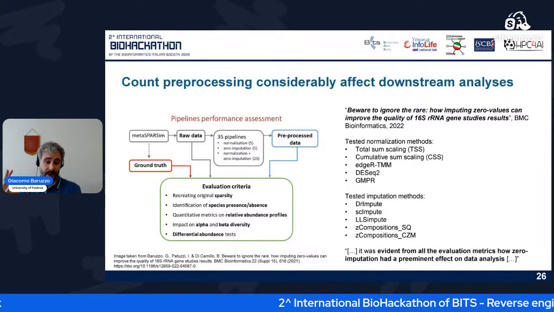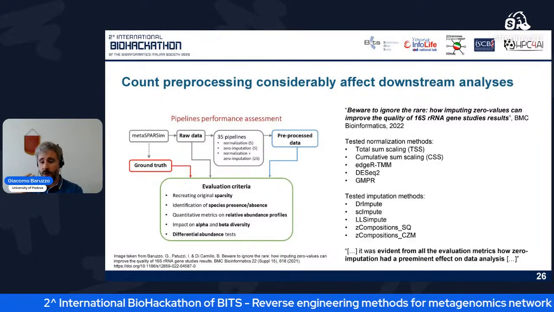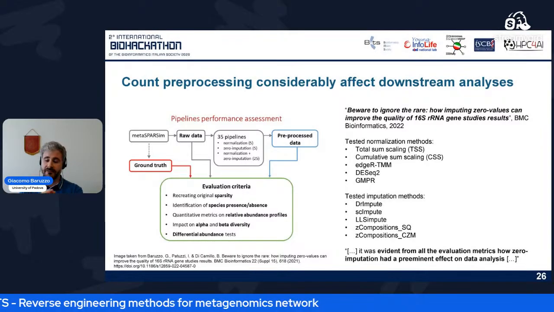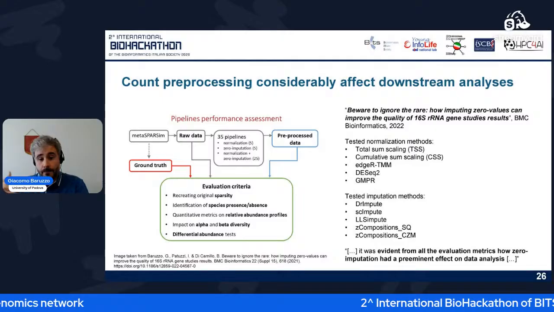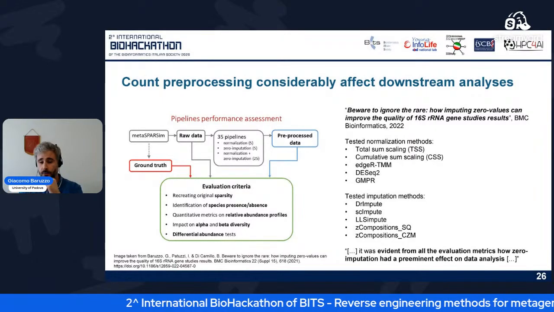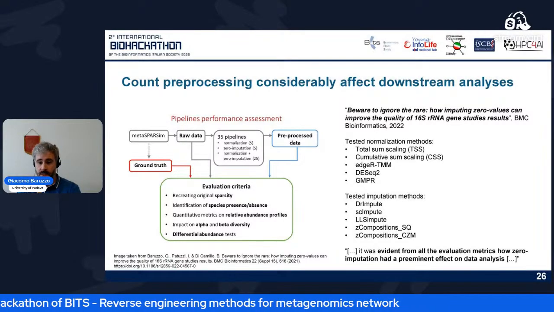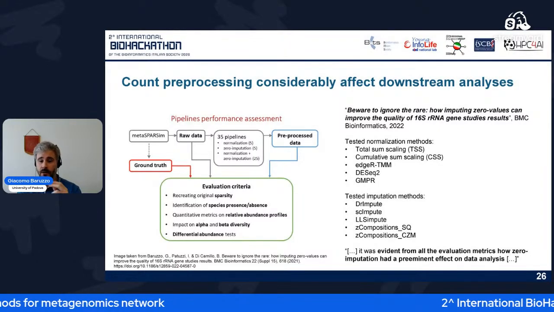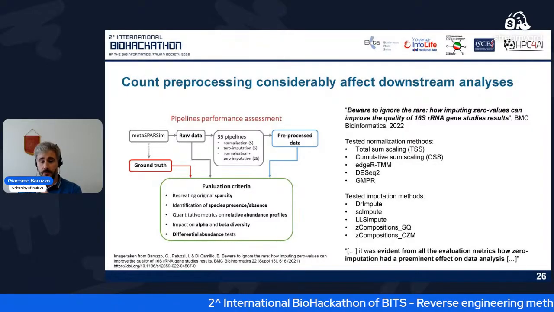This is, for example, a study done by our research group where we tested 5 different normalization methods, the ones listed on the right, 5 different zero imputation methods, as well as their combinations. We looked at how good the preprocessed count data are in resembling the true biological abundance, in terms of recreating the original sparsity, identifying the right species in terms of presence but also relative abundances, how they impact the accuracy of alpha and beta diversity, as well as the accuracy of differential abundance analysis.